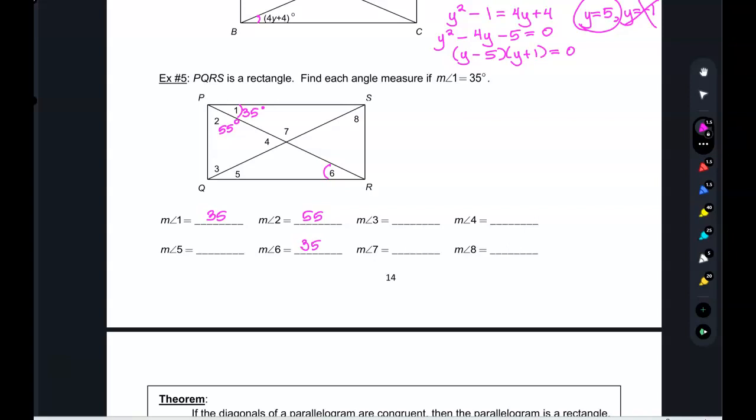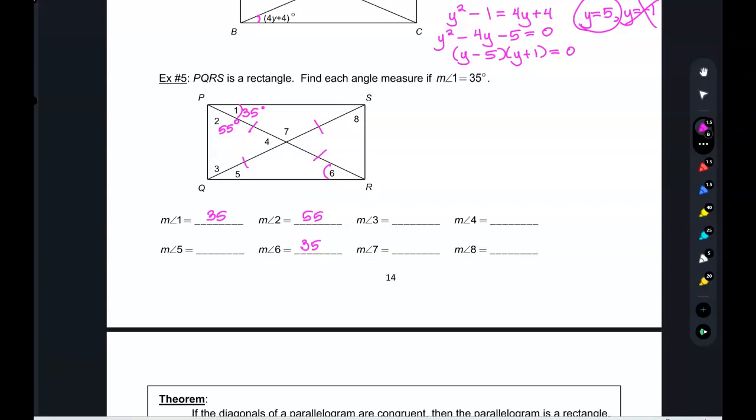And what else do we know? Angle 3 is 55? How do we know that? It's right, but why? Okay, remember what I said about all the diagonals? These are all congruent.